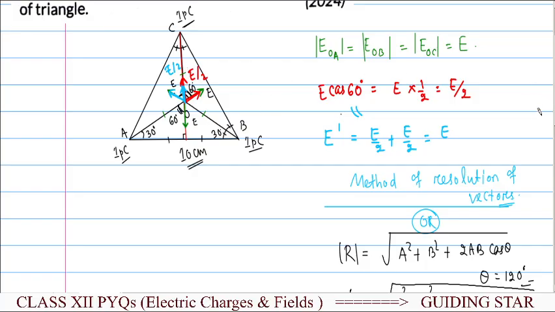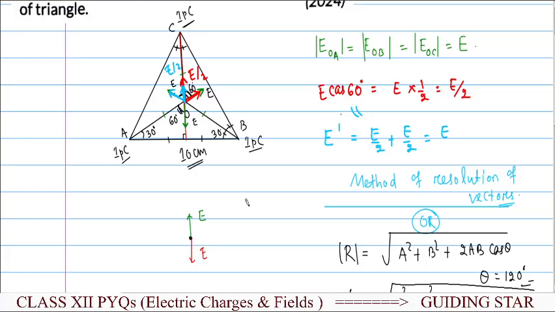Okay, so finally, at the centroid, the resultant of two fields, which is E, is in the vertically upward direction, and the field due to the upper charge, which is at C, is in the vertically downward direction.